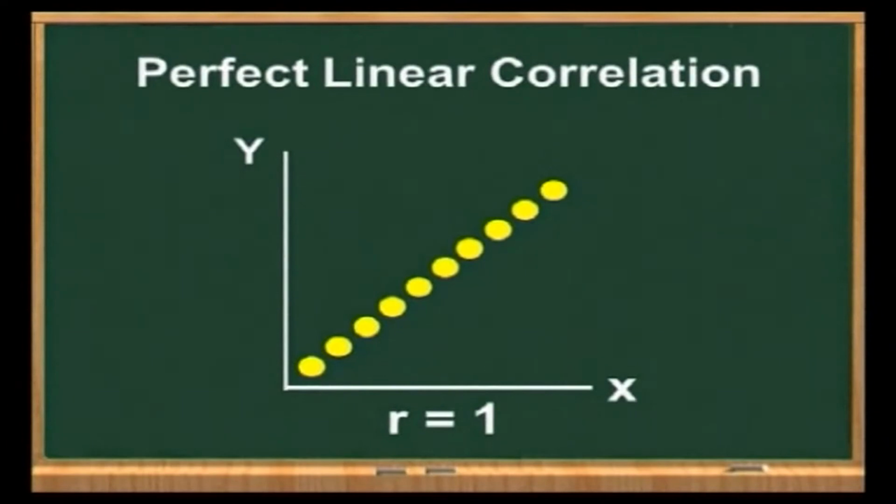A perfect correlation between x and y, as depicted in figure 8.1, has an R value of 1. As x changes, y increases by the same amount as x, and we would conclude that x is responsible for 100% of the change in y.